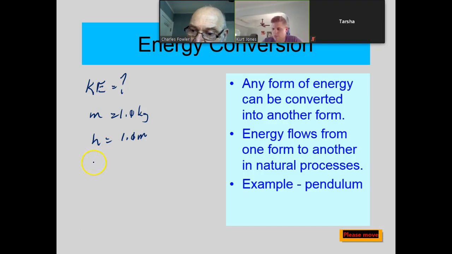And we just calculated the final velocity of 4.4 meters per second. Now that's what they want you to use in this problem.